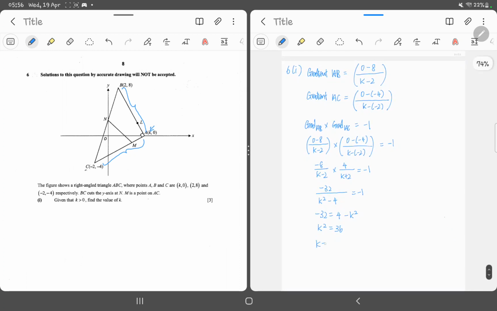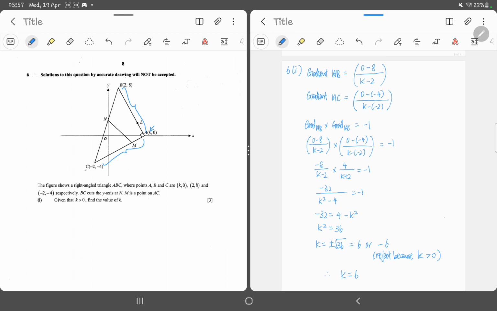This means k equals plus minus square root 36, which is 6 or -6. But because k is more than 0, we reject the negative, which is -6. So therefore k equals 6, and we are done with 6 part I.